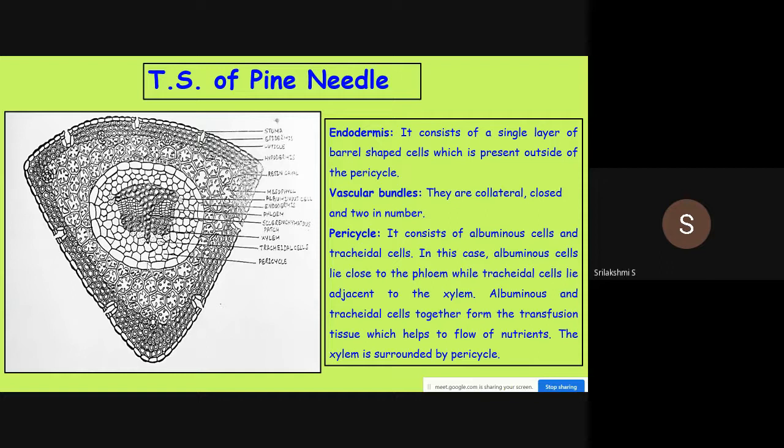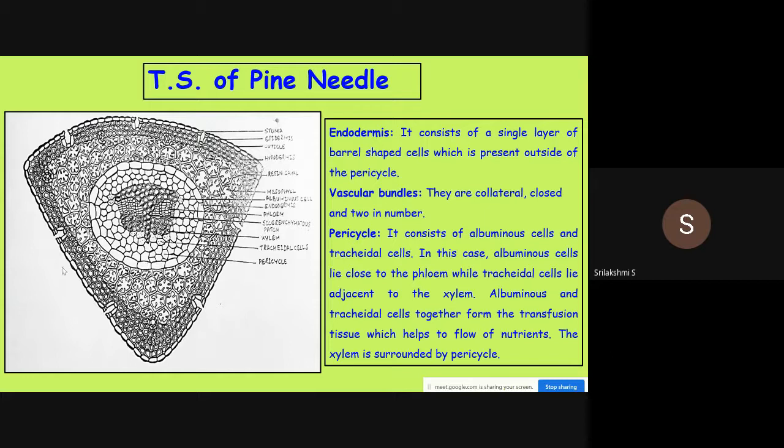Here there is no lateral vein, only the midrib region you will find. So the lateral conduction will be by these transfusion tissues. It helps in the movement of the nutrients also. So these are called transfusion tissue.